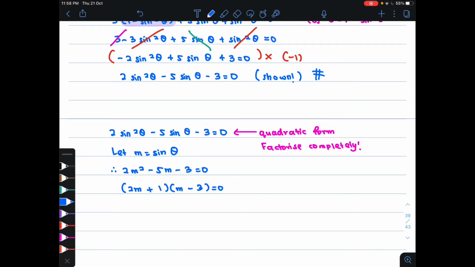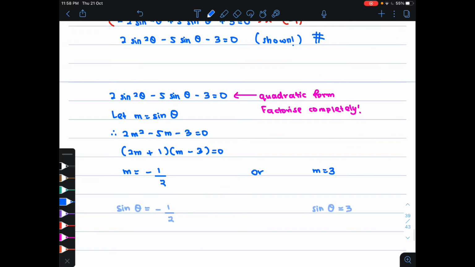By using factorization, you'll get 2m plus 1 times m minus 3 equal to 0. From this one, you'll get m equal to negative half. And from this one here, you'll get m equal to 3. And we know that m is sine theta. So that's how you'll get these two equations.